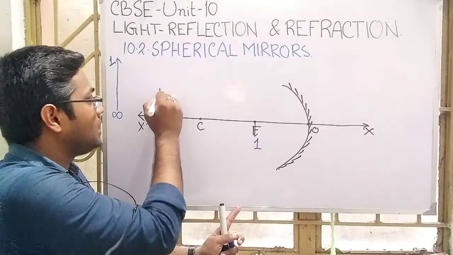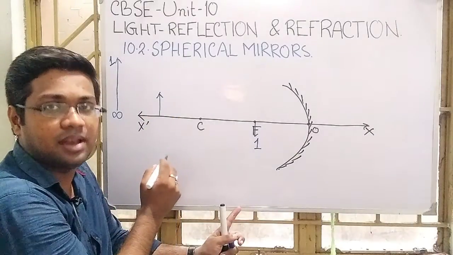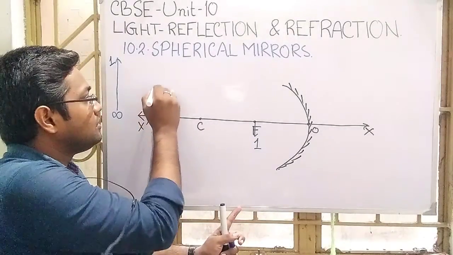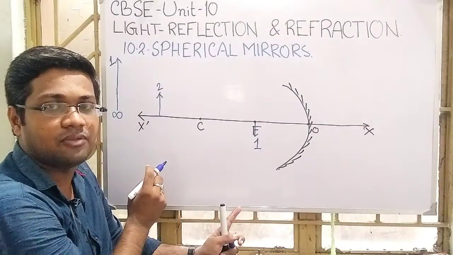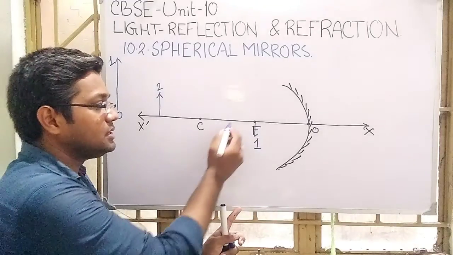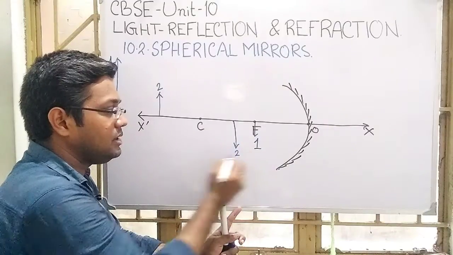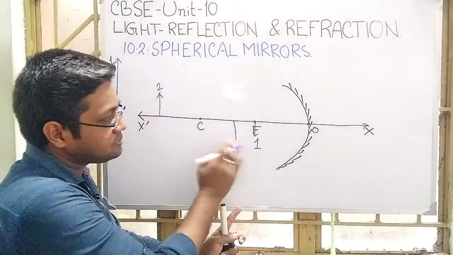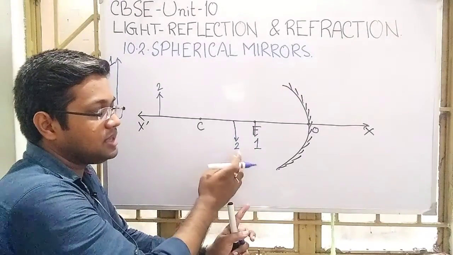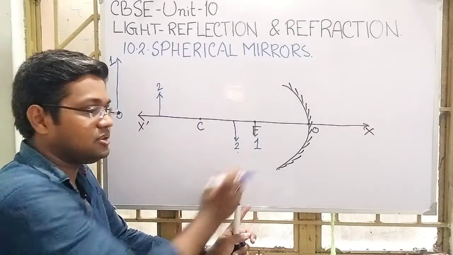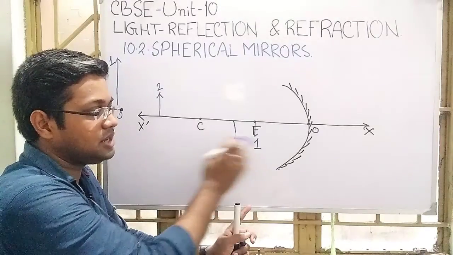From now on we will take the object to be of the same length. Now it is placed at position 2, in between infinity and the center of curvature. Then the image will be just like here. Obviously it is of larger size than image 1. It is placed in between the center of curvature and the focus.